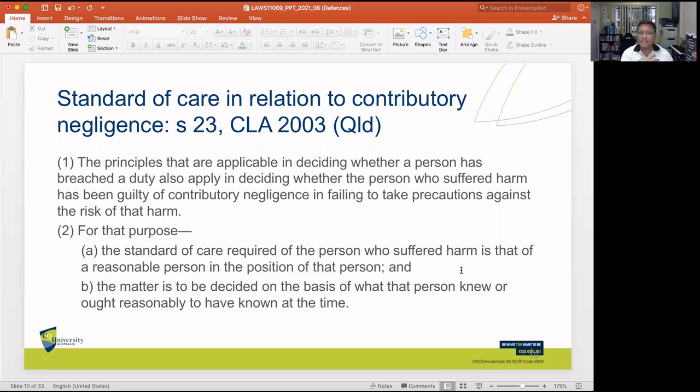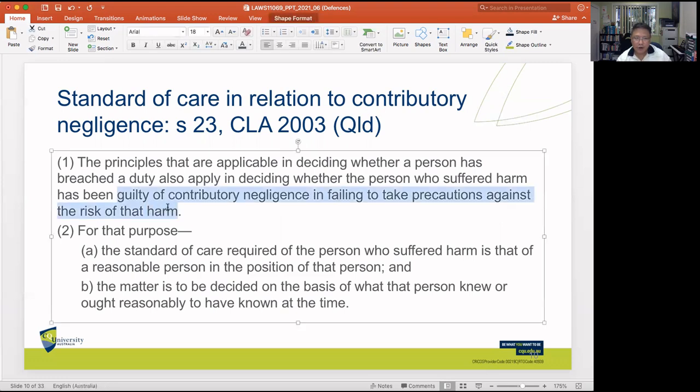Under Section 23, the principles that are applicable in deciding whether a person has breached a duty also apply in deciding whether the person who suffered harm has been guilty of contributory negligence in failing to take precautions against the risk of that harm.